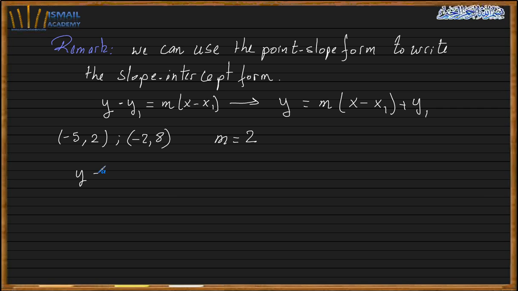So I do y equals the slope times x minus minus 5 plus 2. With the second one, I use y equals 2 times x minus minus 2 plus 8. Look at this, it becomes y equals 2 times x plus 5 plus 2, and y equals 2 times x plus 2 plus 8.